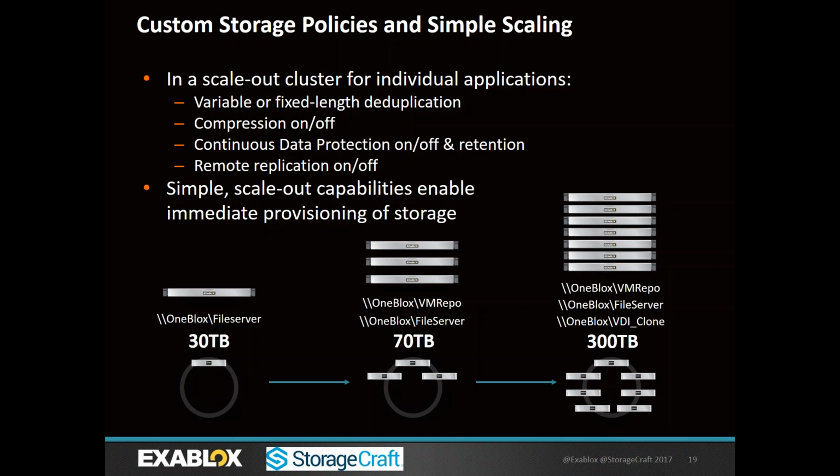But then, moving forward, as this organization has required additional capacity and they've seen the benefits of using the OneBlox, they've decided that they're also going to invest in perhaps some 5210s to house their VM repository, as well as an increased requirement of capacity within the file server. So they simply add another couple of units to that cluster. And then again, moving forward, we decide that we're also going to append the VDI clone in there. We've increased our file server, we've increased our VM repository.